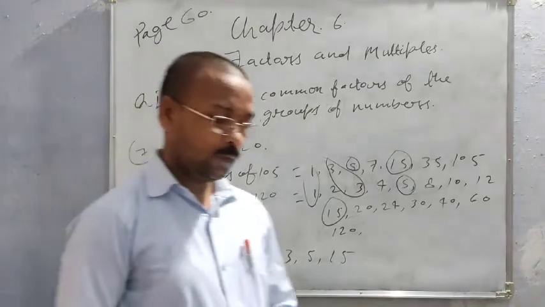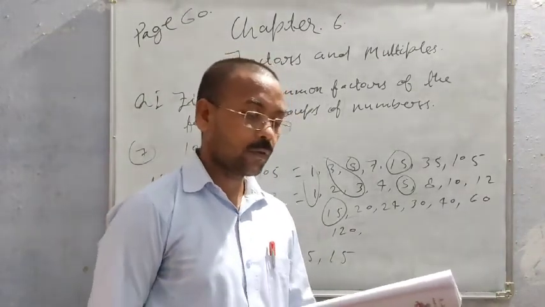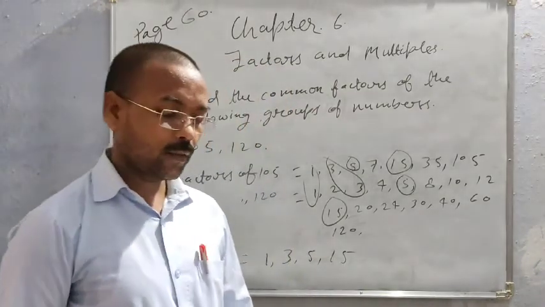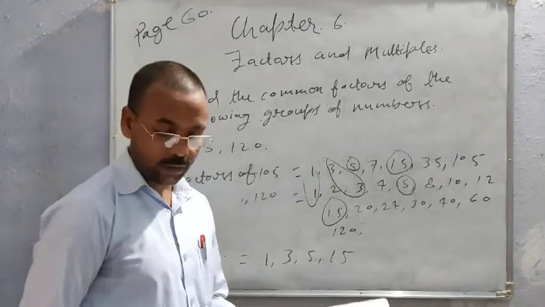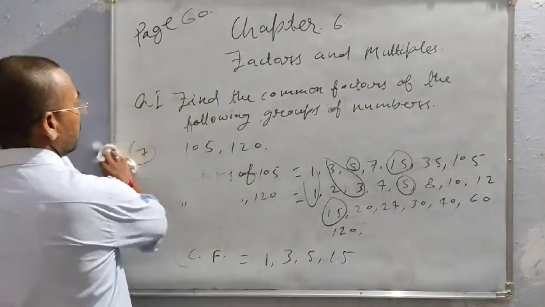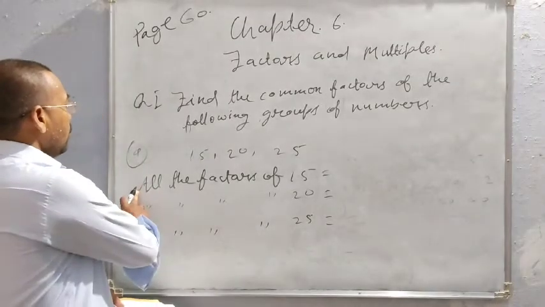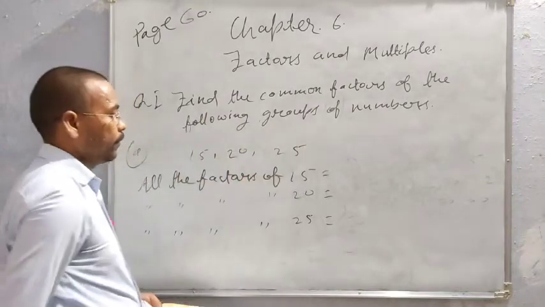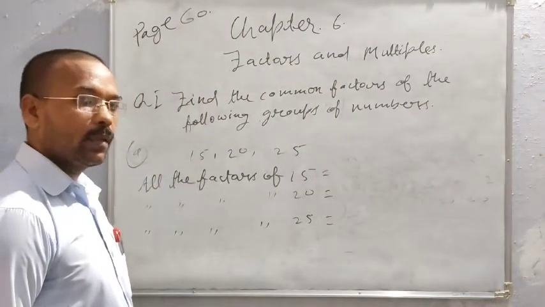And I am going to discuss your ninth one. So you have to see your textbook, question number 9. Here 3 numbers are given. You have to write all the factors of all 3 numbers, then select common factors. So let's start the ninth one. Find all the common factors of 15, 20 and 25. Write all the factors of 15, 20 and 25 and then select common factors.